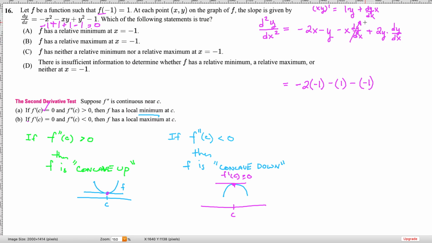So I can eliminate those terms, since they go to 0. The only thing I have is minus 2x minus y, which is 2 minus 1, which is 1. So the second derivative is positive. And if the second derivative is positive, then f has a local minimum at that value. And it's A as my answer.